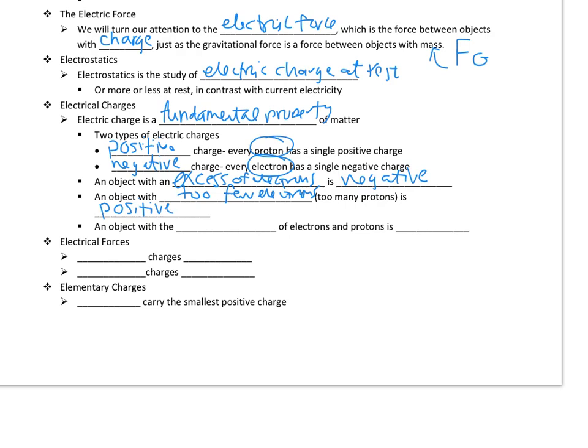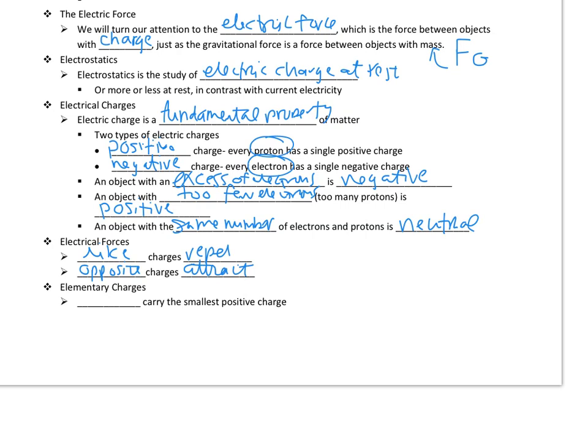And an object with the same number of electrons and protons is neutral. And this should all be review. Like charges repel, opposite charges attract. Again, this should be review. So negative likes positive, negative hates negative, and vice versa.